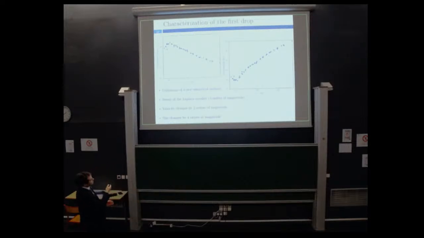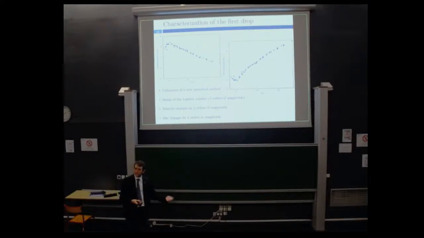As a conclusion for this part, we have characterized the first droplet with a new numerical method called Basilisk. We've seen that by sweeping the Laplace number over 3 orders of magnitude, we are exploring 3 orders of magnitude in the velocity, which means that the Laplace number is important in the ejection velocity of the first drop.